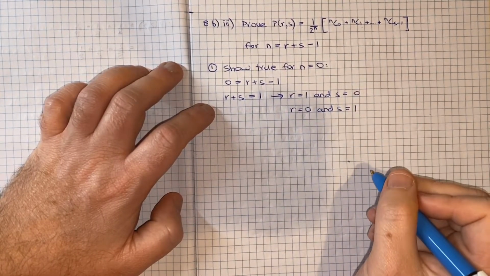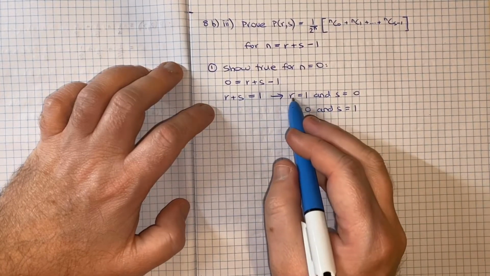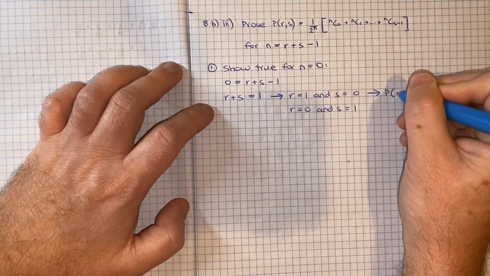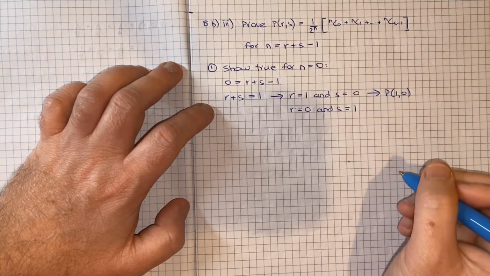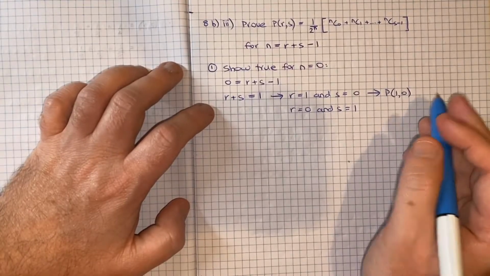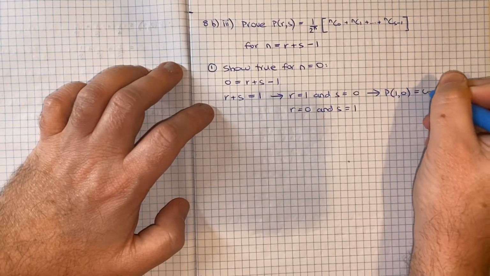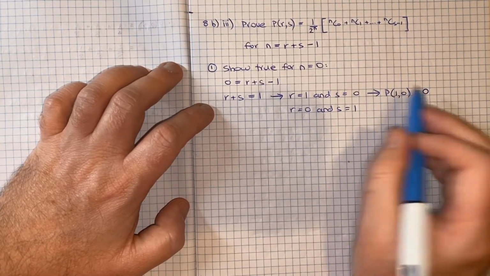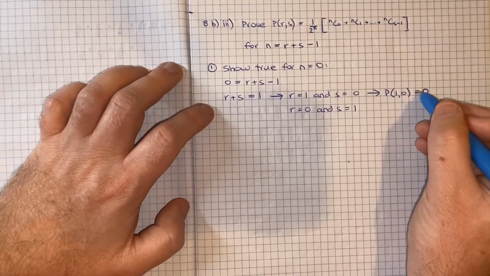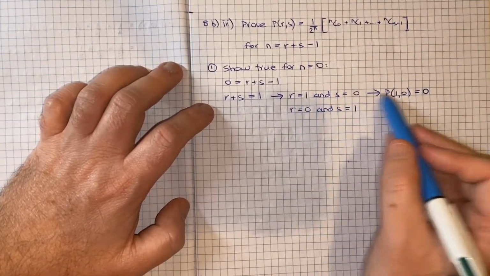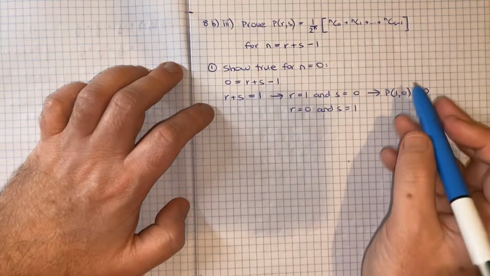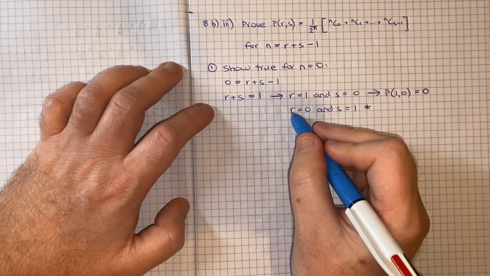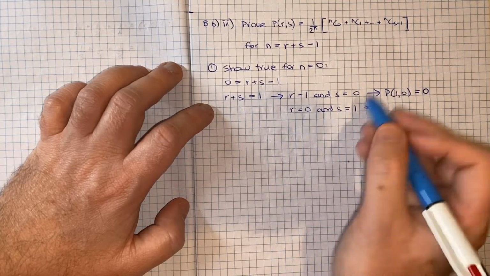They're the two possibilities. Now, if r is 1 and s is 0, what that translates to is the probability of 1 comma 0. But you may remember from part 1 that that is equal to 0. The probability that you get a head before nothing else is not a possible option. So actually we can ignore this possibility because the probability of it is 0. So really we're just focusing on the case where r is 0 and s is equal to 1.